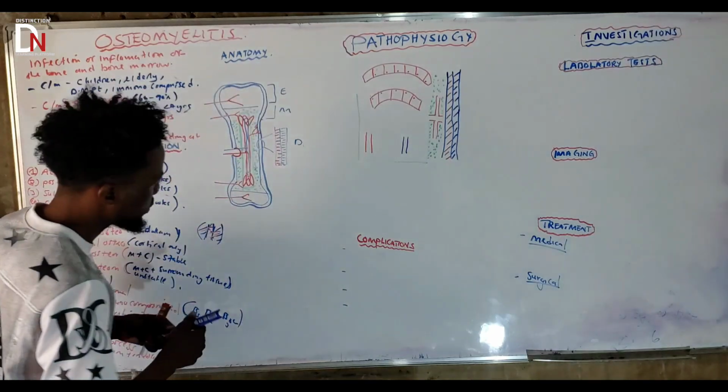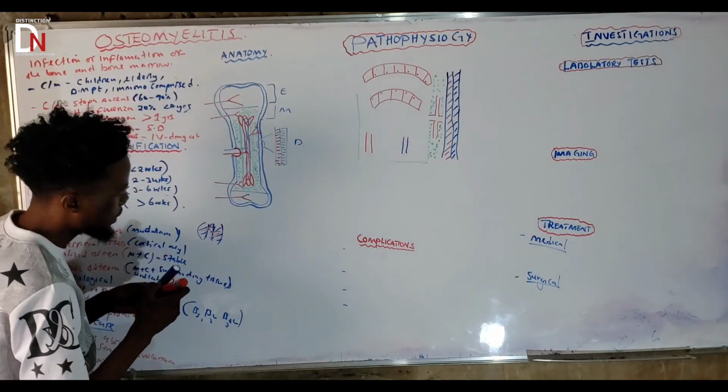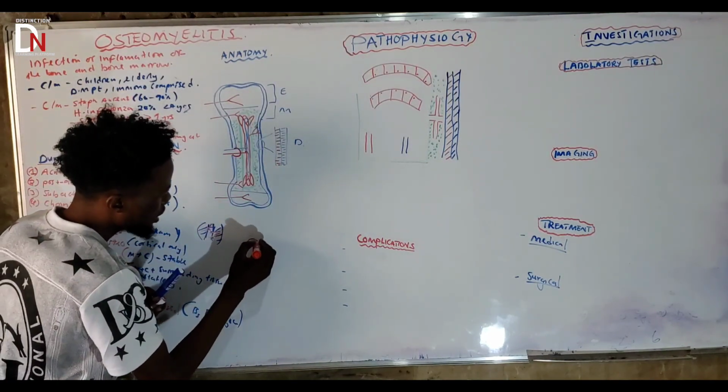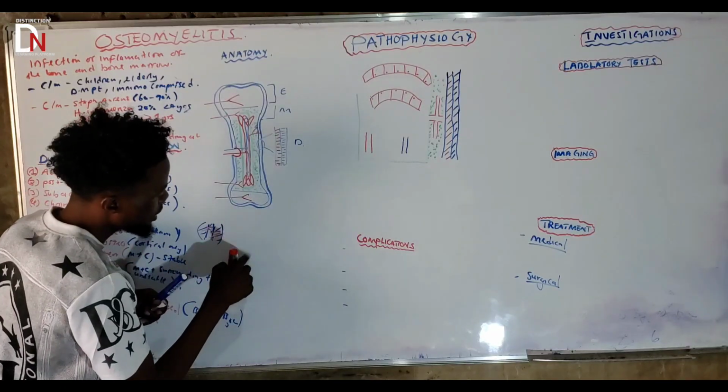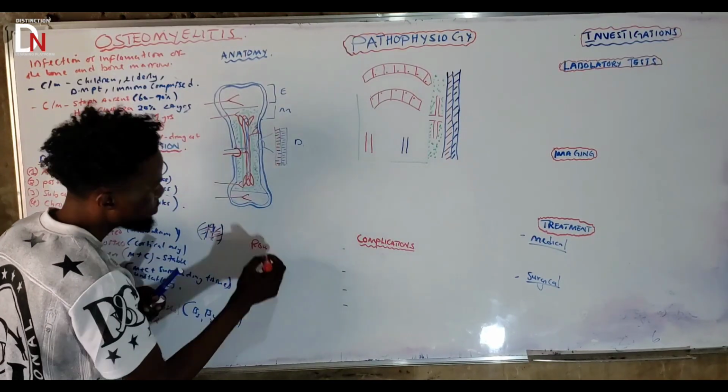So another class here. Let me just write it here in case we forget. Another class according to route. We'll come back to this one.